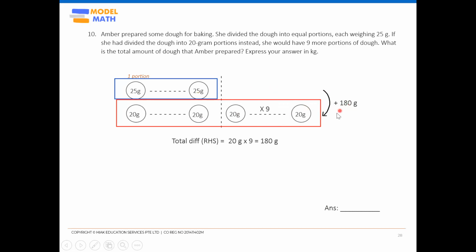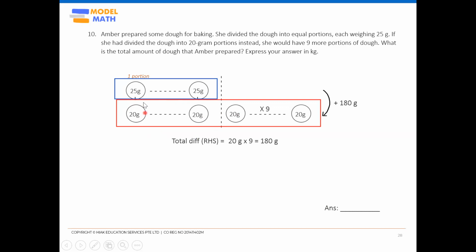Where did this 180 grams come from? This 180 grams should come from the dough that I pinched out from the first scenario, which means that on the left-hand side, there would be a drop of 180 grams from the top blue box to the bottom red box over here.